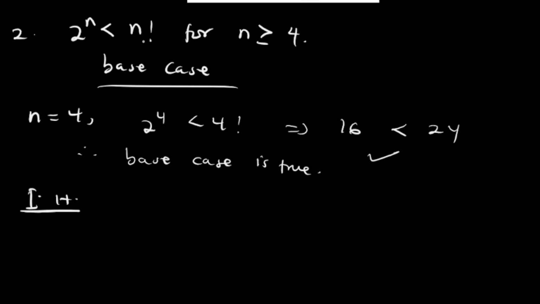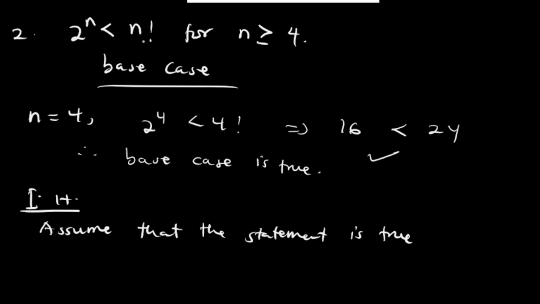To make things short, you assume that the statement is true for n is equal to k, right? So once you have that, you get 2 to the power k is less than k factorial for k greater than or equal to 4.